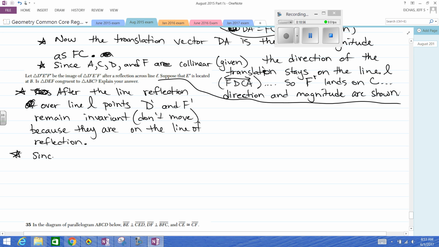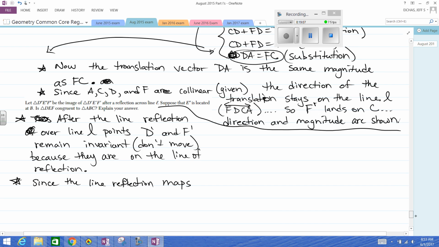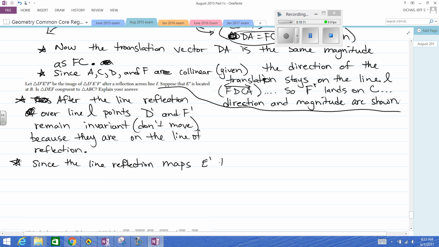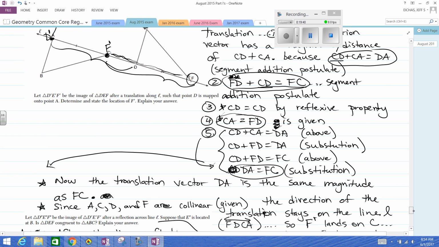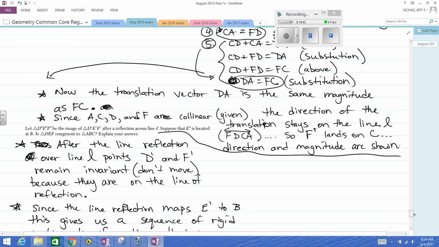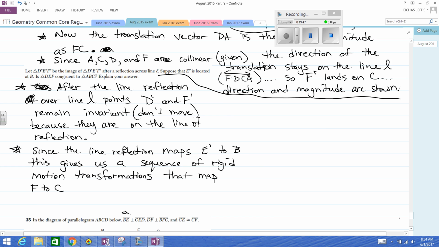Now, since the line reflection maps E prime onto B, this gives us a sequence of rigid motion transformations that map, okay, now this gets tricky, F to C. What else?